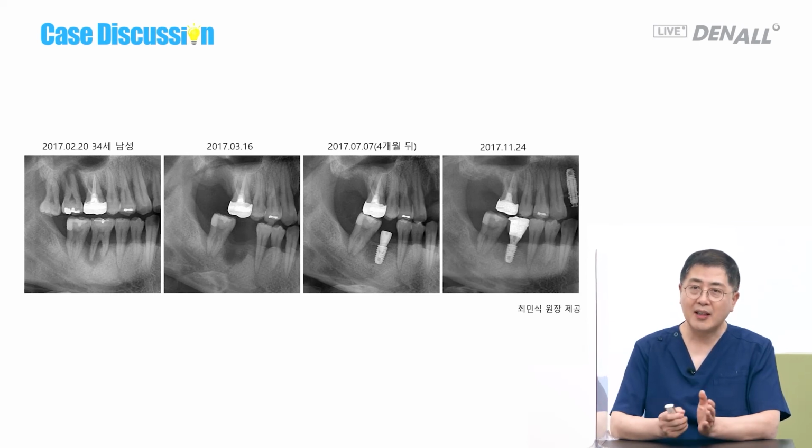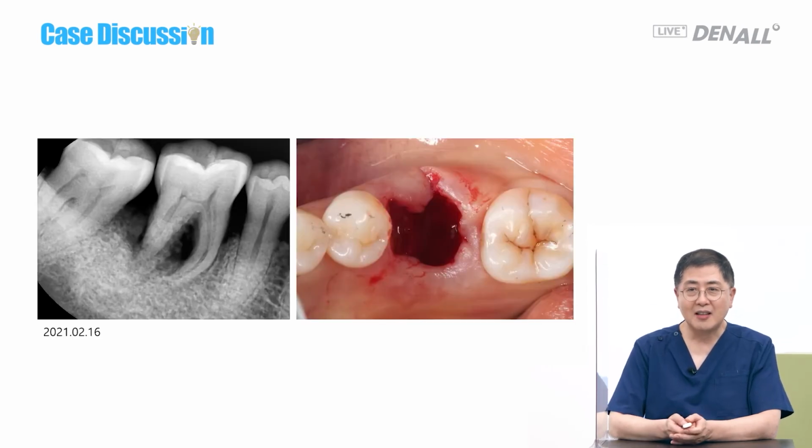One thing noticeable in this case is that the patient was a 34-year-old young man who has very good bone healing capability. A few days ago, looking at our colleagues' cases, I thought about inserting something in the socket, but eventually I decided to wait and see. I am afraid of inserting membrane into the open socket, so I tend to wait.